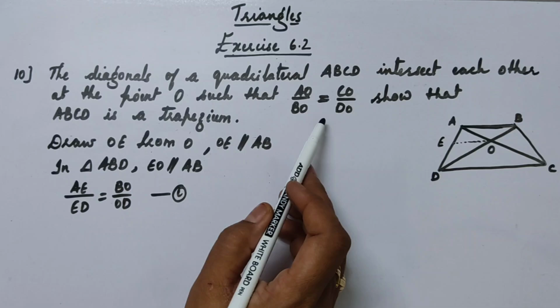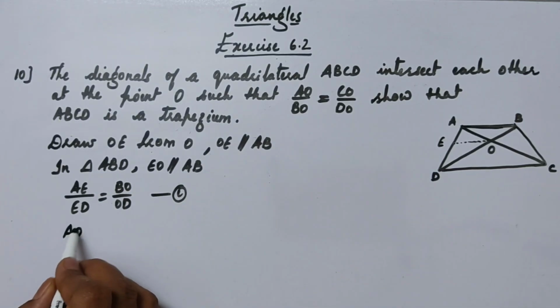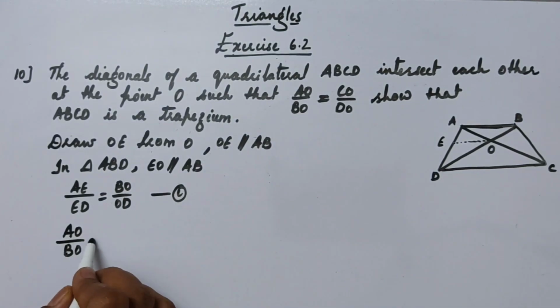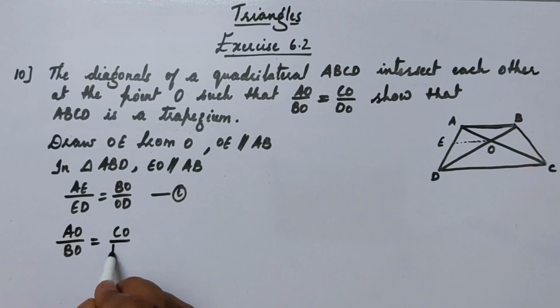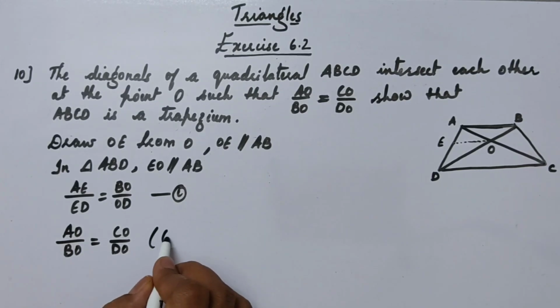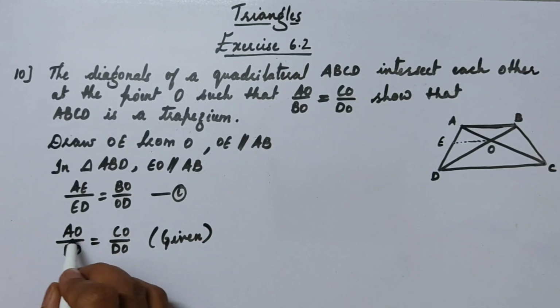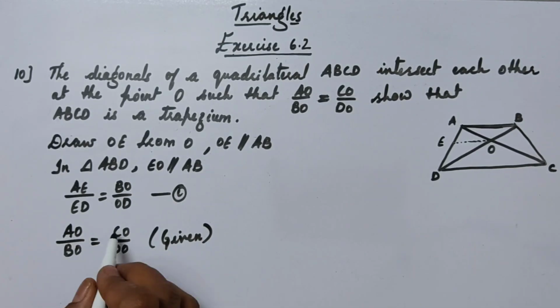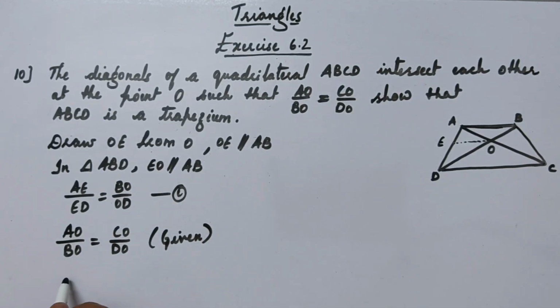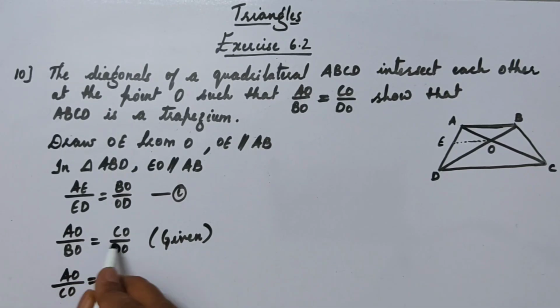But this is already given: AO by BO equals CO by DO. It's already given, students. Let me interchange this. Now AO by CO equals BO by DO, I can say.